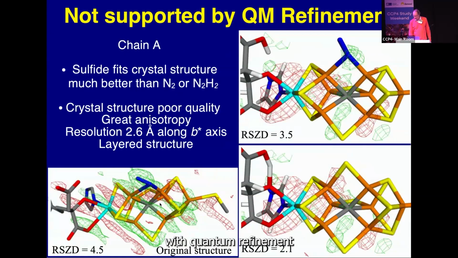If you redo it with quantum refinement and normal isotropic B factors, you get a better structure, but still not perfect around the N2. And if you replace N2 by the sulfur that is in the resting structure, you get something that is better. So there is actually no support of N2 binding to this active site.